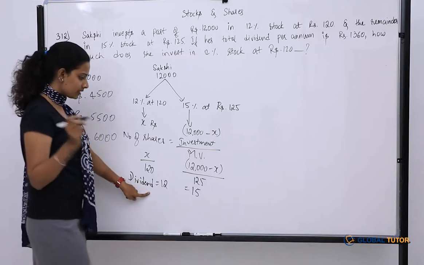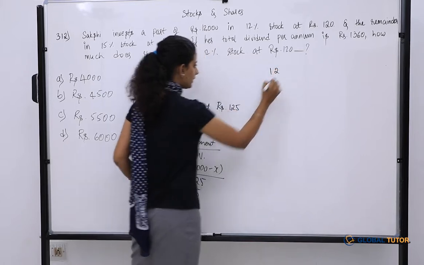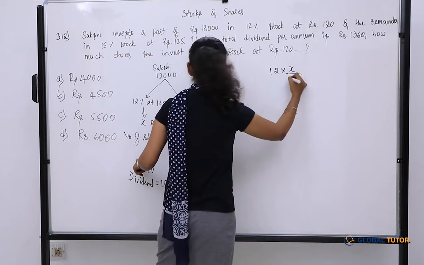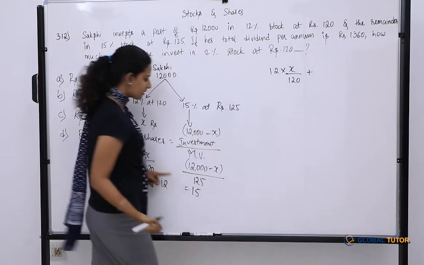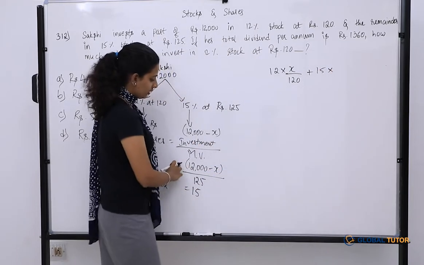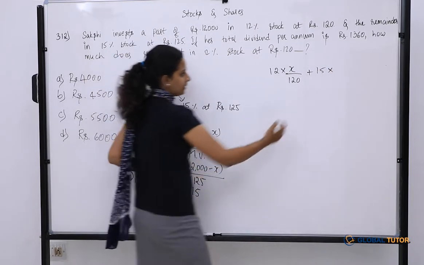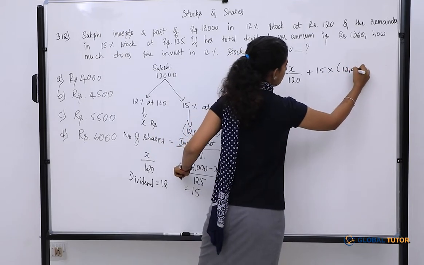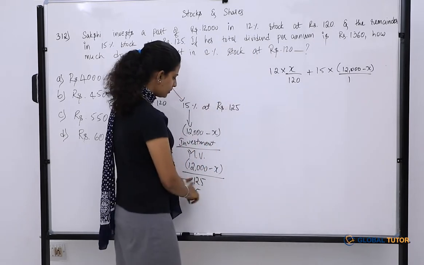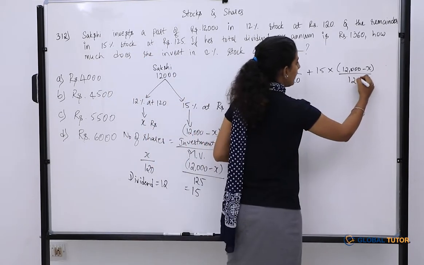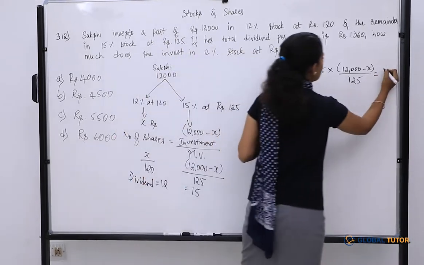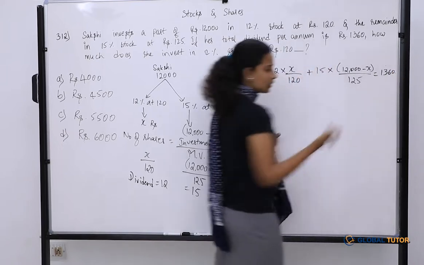So the dividend is calculated as 12 into X by 120 plus 15 into 12,000 minus X divided by market value 125, and this is equal to 1360. Now we got this equation.